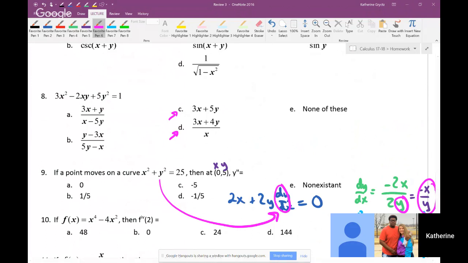Those you probably shouldn't select. But it still could be A, B, or E. And if you look at this, A and B are very similar. They're just in signs. So for multiple choice tips, you might want to pay attention to your signs, but I probably should have a 3x and a y and a 5y and an x.